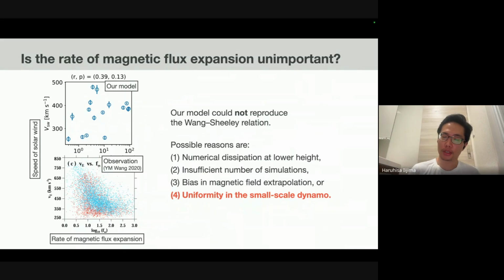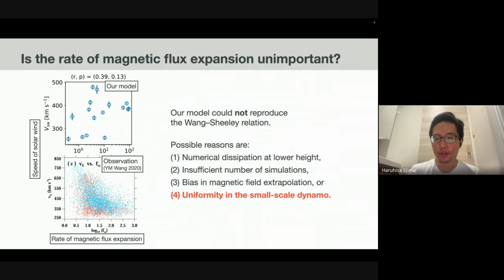I personally speculate this because recently the open magnetic flux problem has been actively discussed, and we guess that this is closely related to the validation of the magnetic field extrapolation models around the Sun.